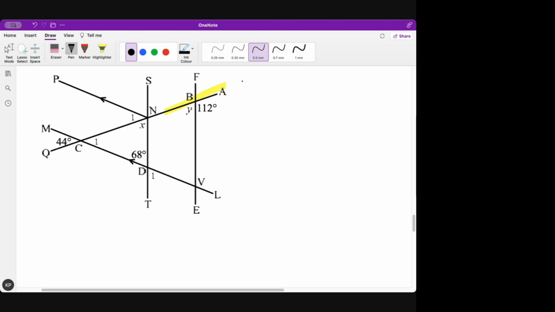So I say y plus 112 degrees is 180 degrees. Adjacent angles on a straight line. Great. And then y is therefore 180 degrees minus 112 degrees.